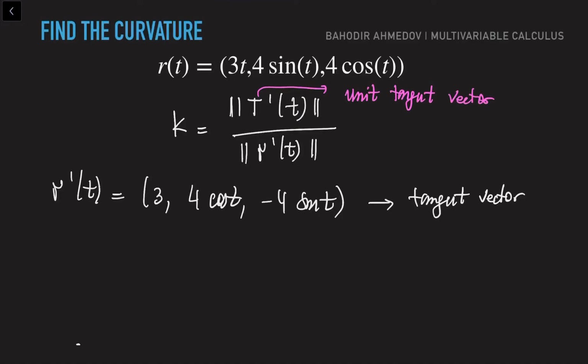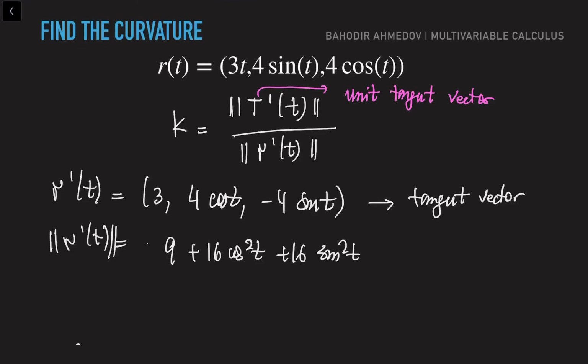If you remember, the unit tangent vector means we need to find r prime of t and divide it by its norm. So the norm of r prime of t is going to be the square root of 3 squared, which is 9, plus 16 cosine squared of t plus 16 sine squared of t. So it's going to be equal to 5, obviously.